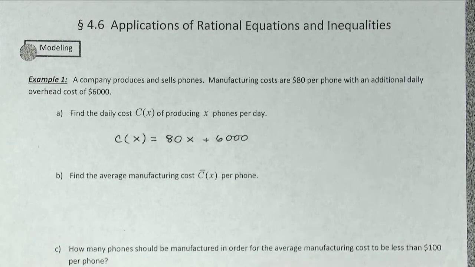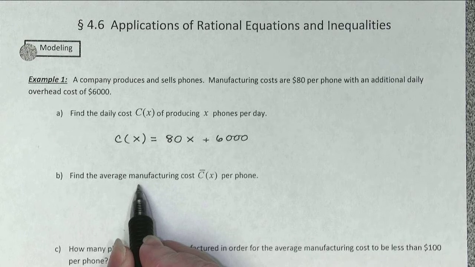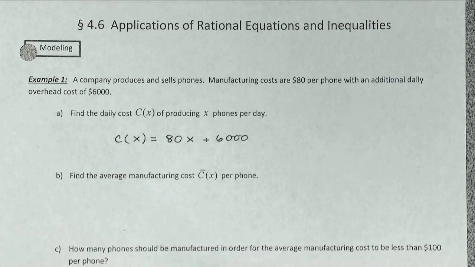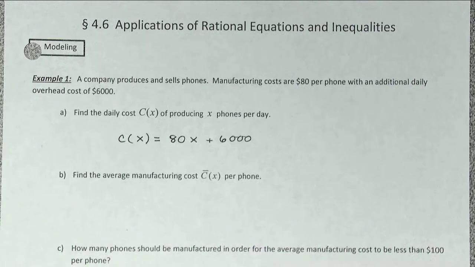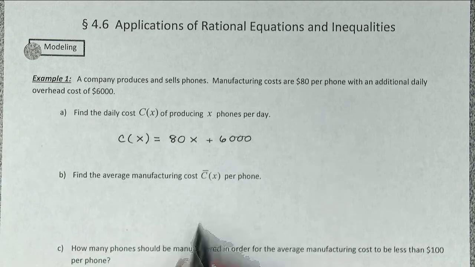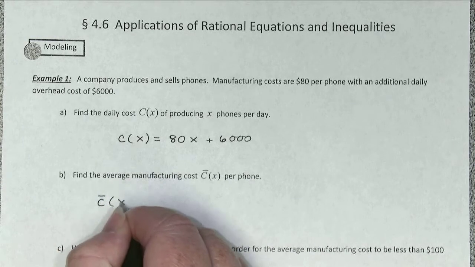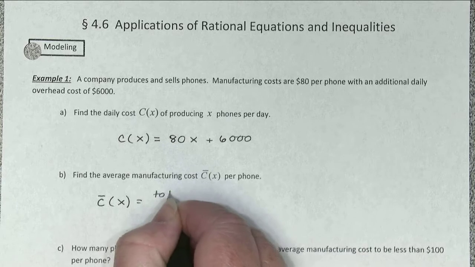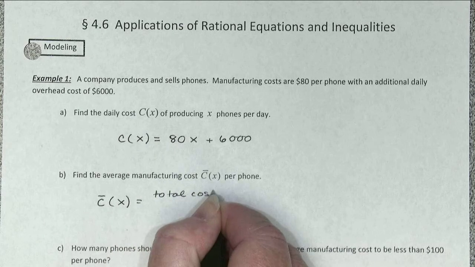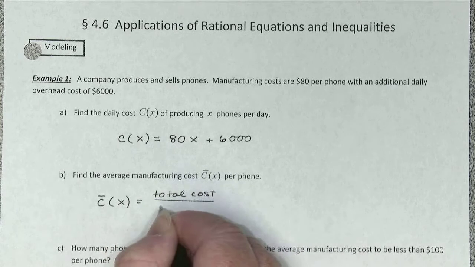Now I'm looking for the average manufacturing cost per phone. To figure out the average, we always take the total and divide by how many things we had. So in this case, the average cost would be the total cost divided by the number of phones that we made.